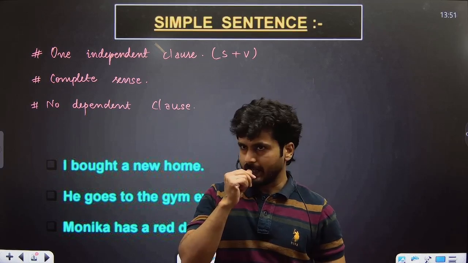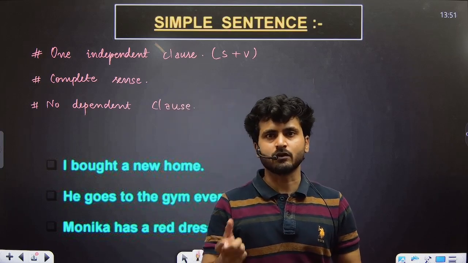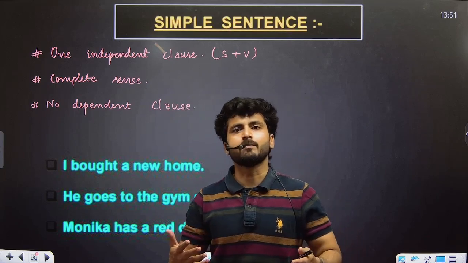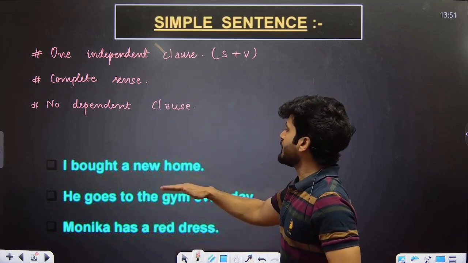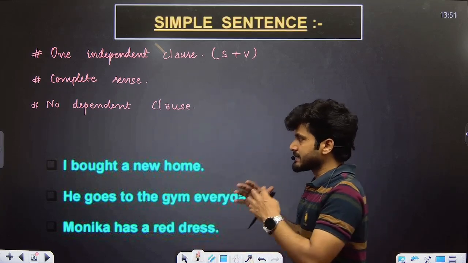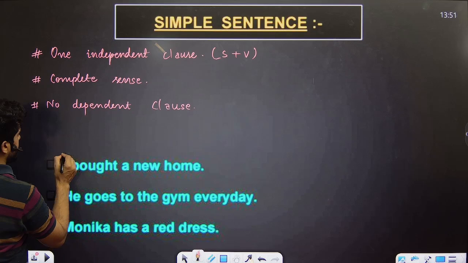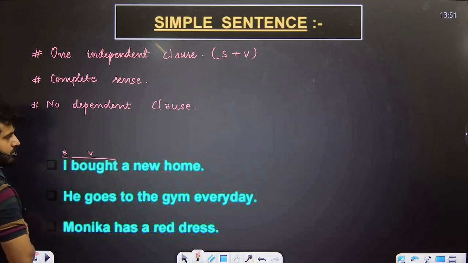Like in the previous part, you saw I earn. If I say I earn only, one subject and one verb is present, giving a complete sense. If it gives a complete sense, that means it is a simple sentence. For example, we have here: I bought a new home. Here, I is the one subject, and bought a new home is the verb.